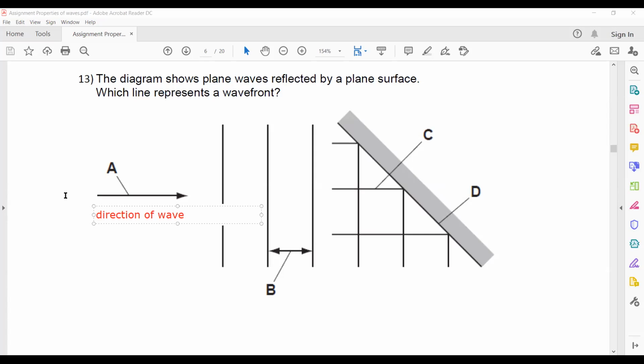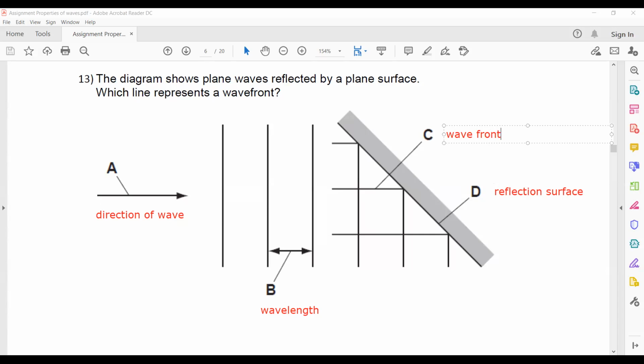B, the distance between two successive crests, is actually a wavelength. D is a reflecting surface. And C is actually representing the wavefront.